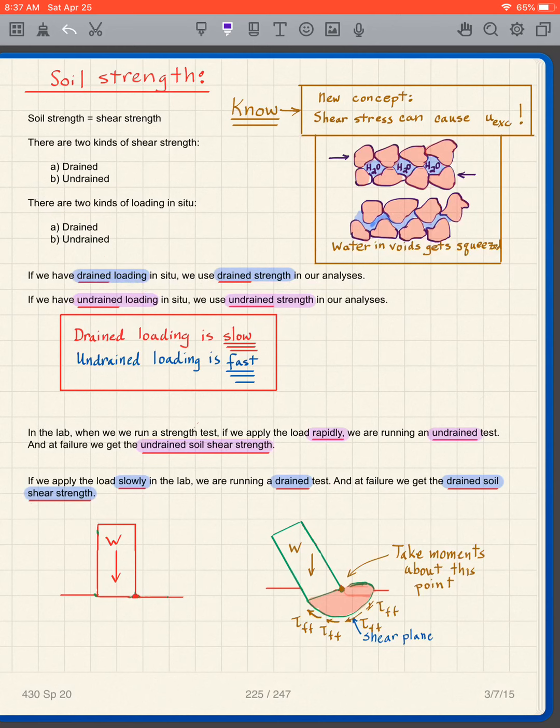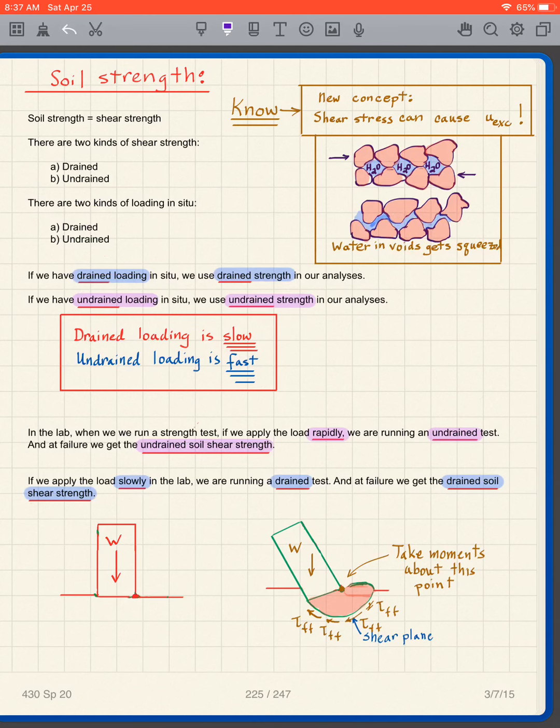And in a nutshell, drained loading is slow, undrained loading is fast. So the rate of loading is important. Again, this is not really something that comes into play with structures. It's something unique to soils.